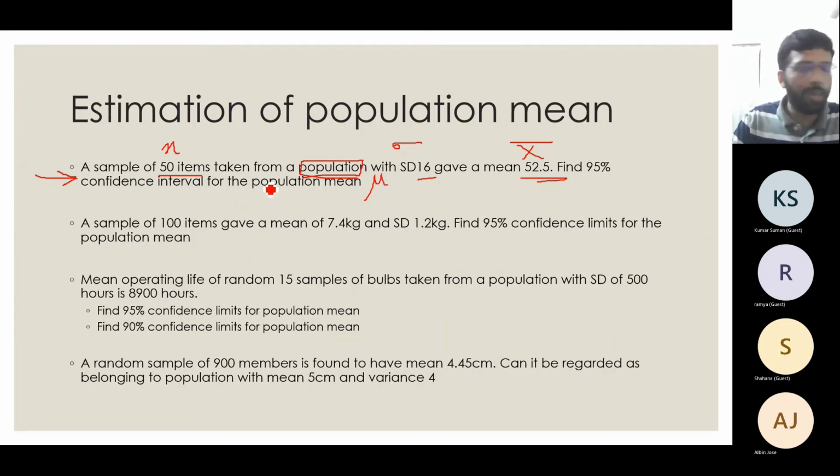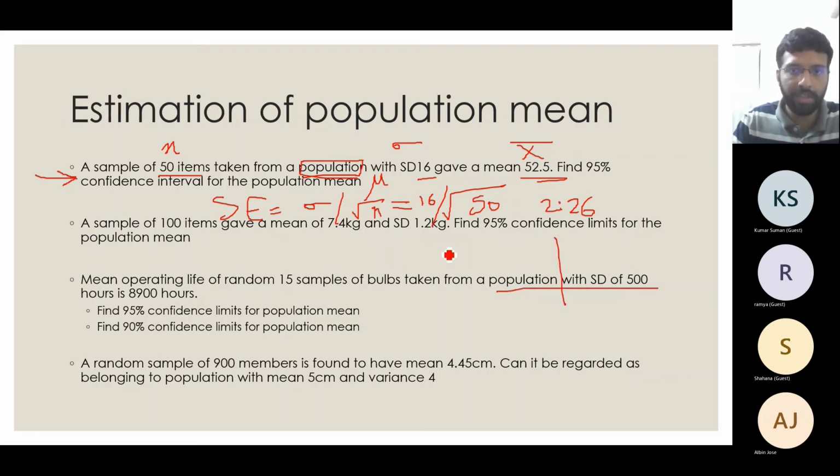So as we saw in the previous case, first step is you have to find the standard error. We can approximate this to a normal distribution using the central limit theorem, and it tells me that standard error is equal to sigma by root n. Sigma is 16 in this case, n is 50. So 16 by root 50 will give me 2.26 something. And I have to find the 95% confidence interval, two-tail case.